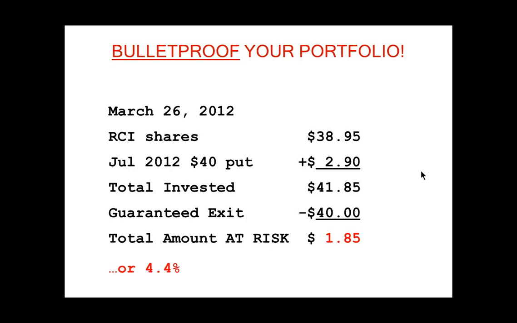If I have, let's say, Mike, $100,000 to trade, and I get into 500 shares of RCI and 5 put options, that would put at risk, what's 500 times that? That would be $925. That'd be less than 1% of my overall portfolio, right?